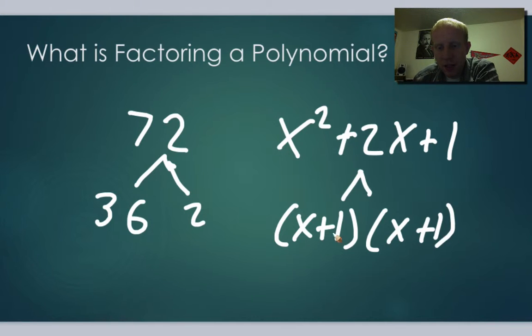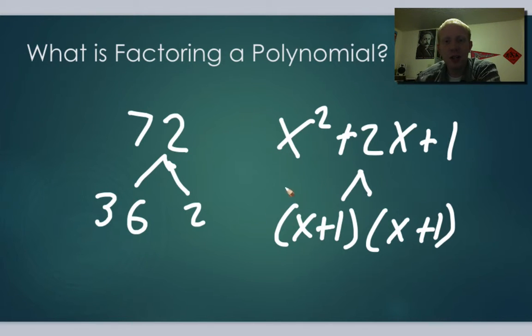If you don't understand this yet, don't worry, we're going to talk about it. The idea is this number, x plus 1, times this number, x plus 1, gives us this polynomial. So now we're not factoring in terms of numbers, but in terms of expressions. You multiply those together and you get this new polynomial, just like two numbers multiply to give a new number. That's the idea behind factoring.